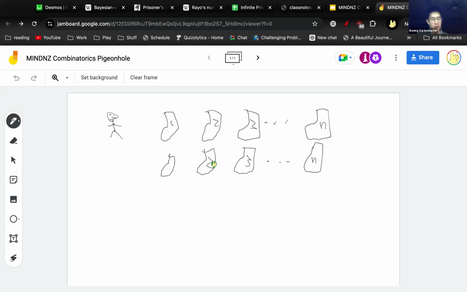Okay, and so can somebody tell me what are the pigeons in this case? What are the items that we are placing into boxes or categories in this scenario?